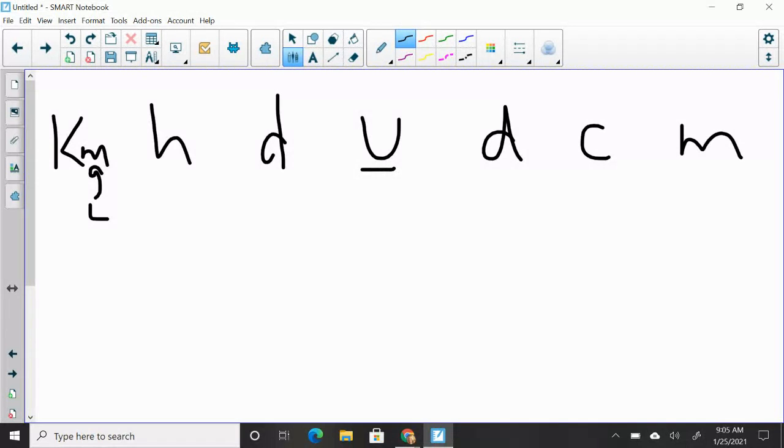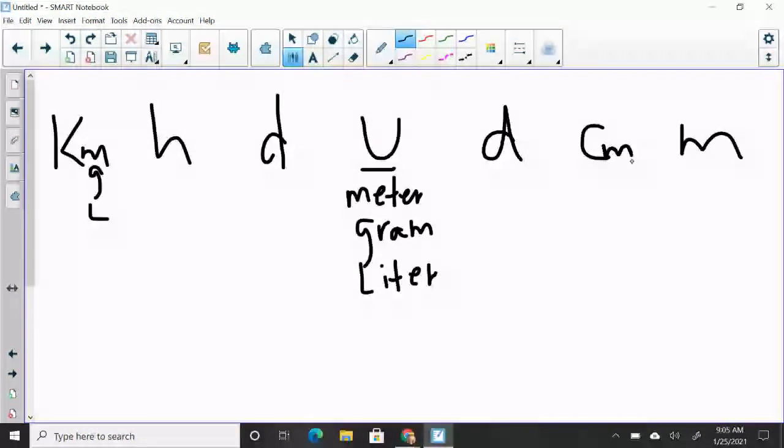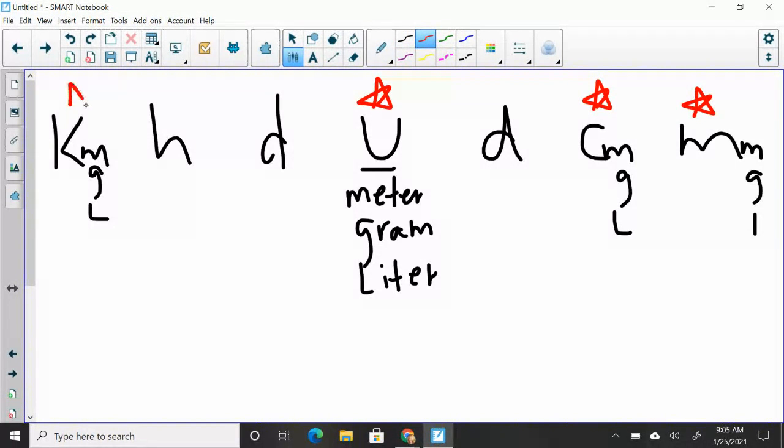This is your base unit, so meters, grams, liters. This would be centimeters, grams, or liters. And this would be millimeters, milligrams, or milliliters. And so these ones are basically the ones that you're going to be working with. These four things, okay?